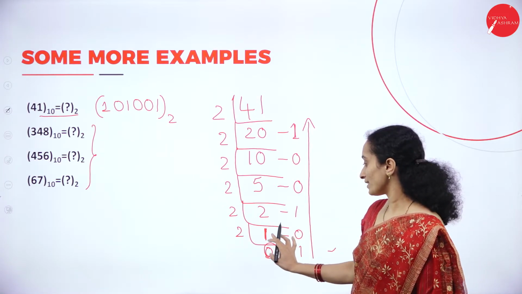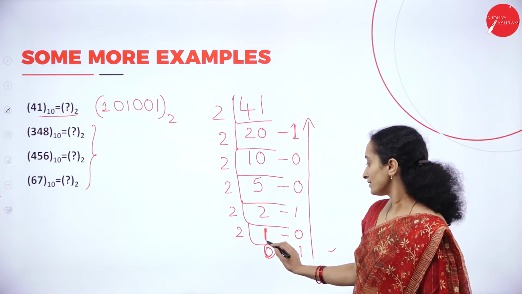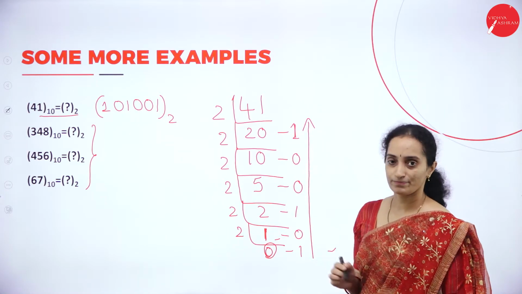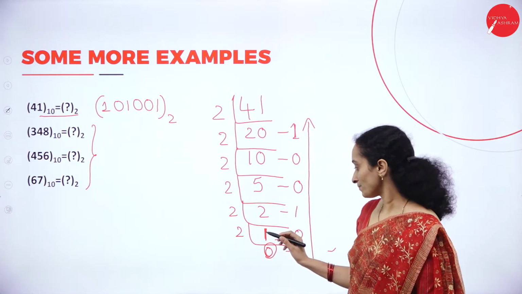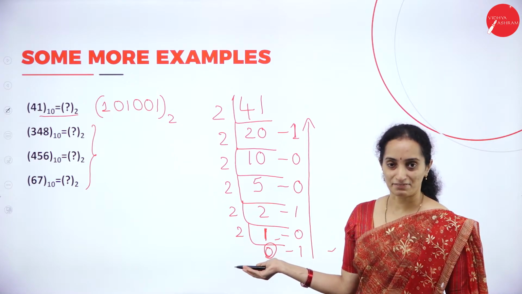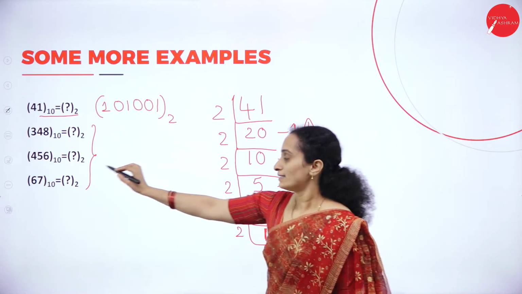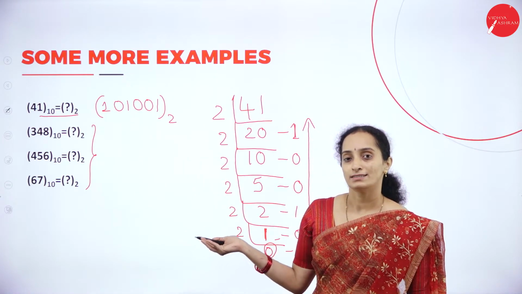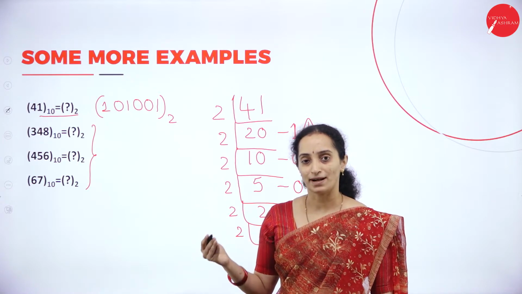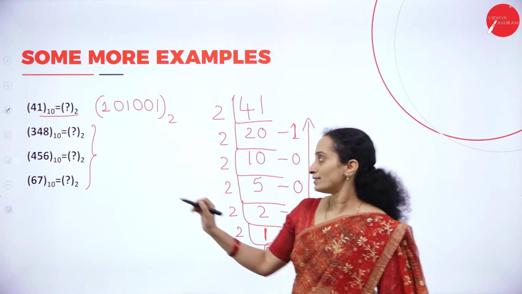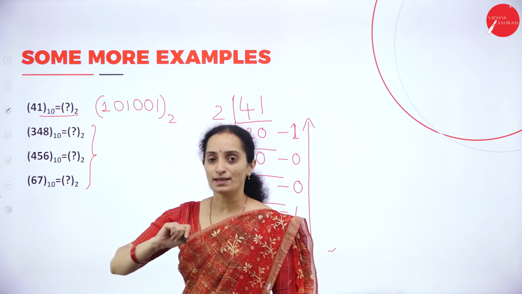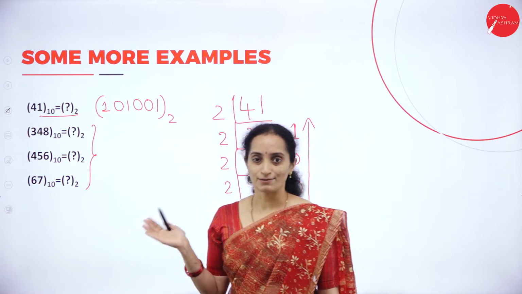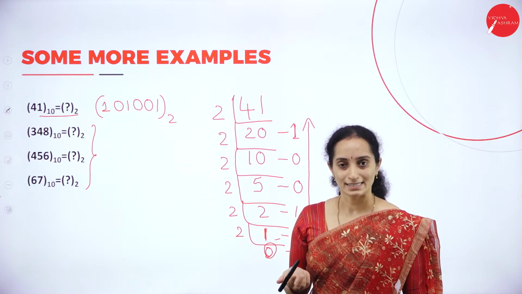If the quotient is less than the base, you start the counting from there. You can count like this also. It doesn't make any difference. Then 67 to the base 10, divide it by successive division by 2. These 3 numbers will be for your calculation. The answer will be given in the next session.